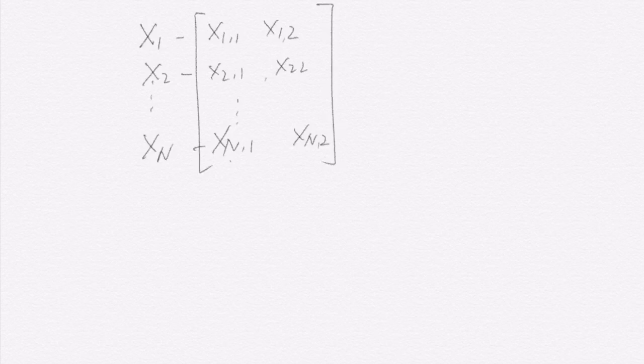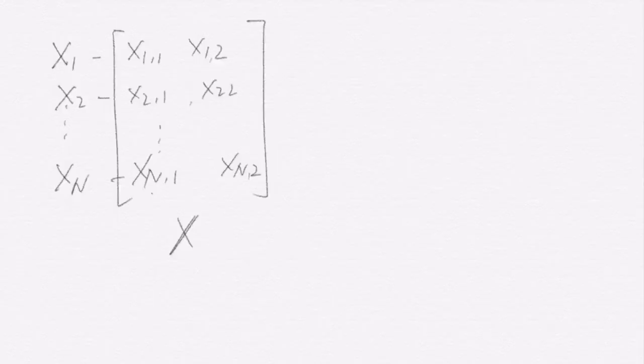Let's put this data in a data array called X. The covariance matrix of this data array would be a 2 by 2 matrix. And each of the elements of the matrix, such as this one, represents the covariance of the first attribute among the data samples.